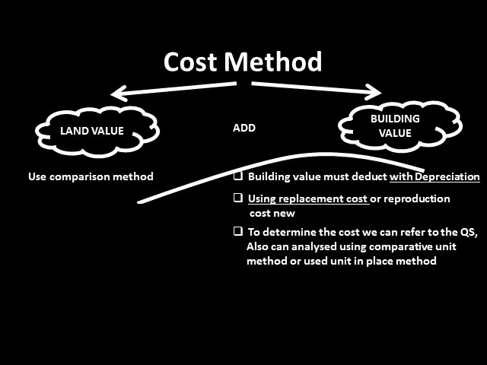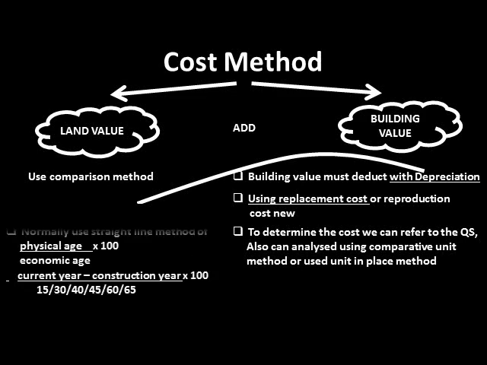As mentioned before, you need to deduct the depreciation. Normally we use the straight line method, whereby the formula that we commonly apply is physical age divided by economic age times 100. So how to get the physical age?